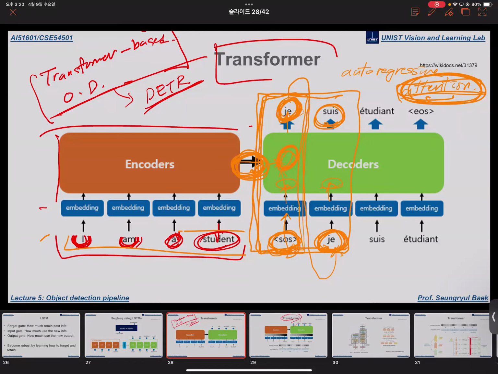And again after that, you regard this as the next input, encode that as a feature, and apply the attention mechanism between these three inputs and the feature from the encoder, and get the third output. It happens until we get the ending token. So are you guys following this? Maybe yes. Okay, this is a very important thing.